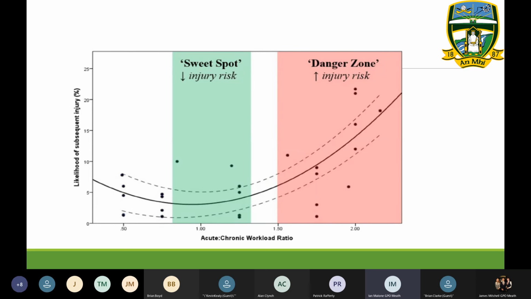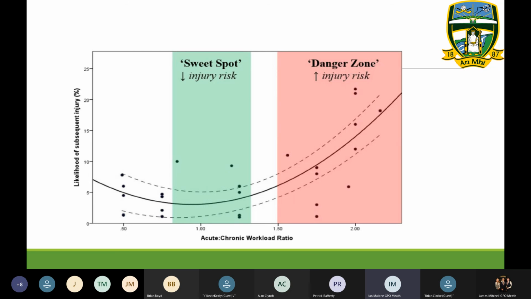That's where we're at the least risk of developing injuries. So that's ideally what you're looking for. If you're going a bit lower, your body's not prepared for the games or the training sessions they're about to do, and as you can see, the likelihood of getting an injury is higher than it is in the green zone or the sweet spot.